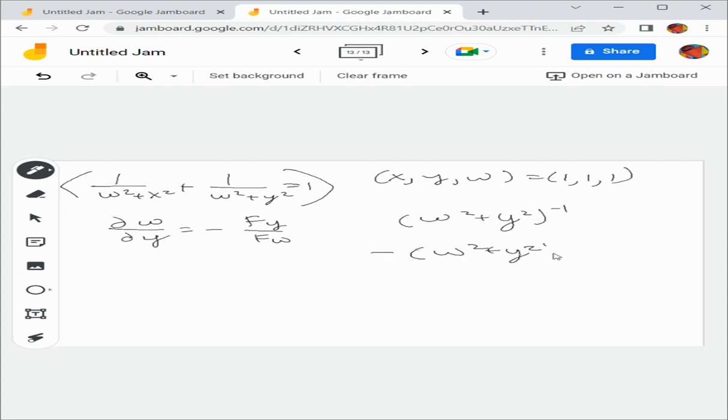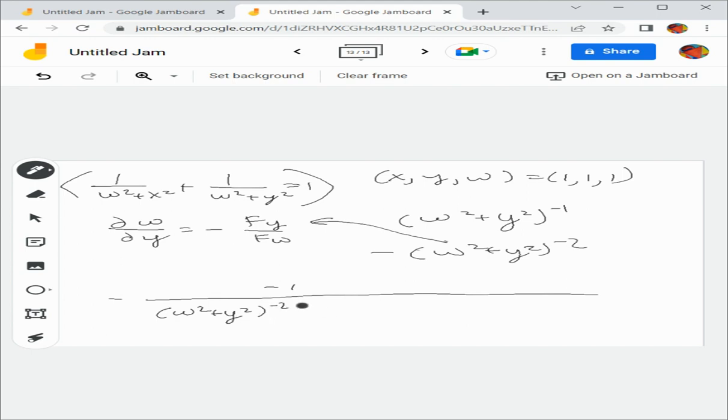Negative w squared plus y squared by -2 should be what we get for the top, right? So if I were to write that out, negative 1, and then we'll have y squared plus y squared by -2.